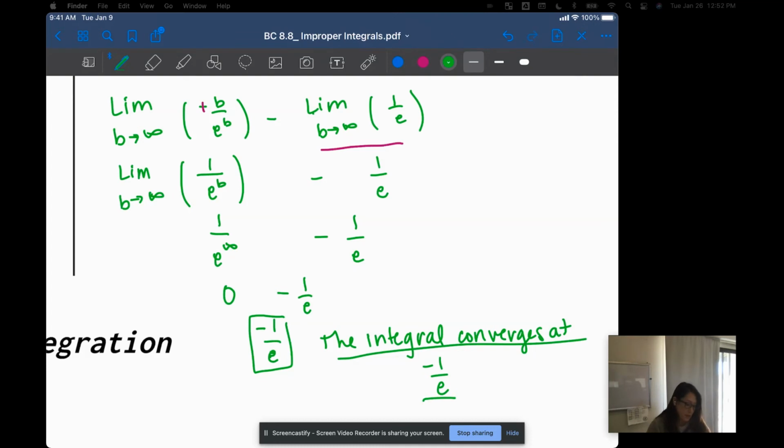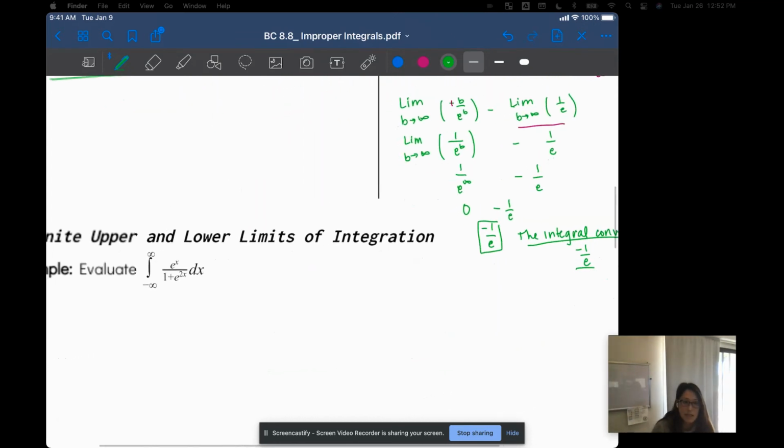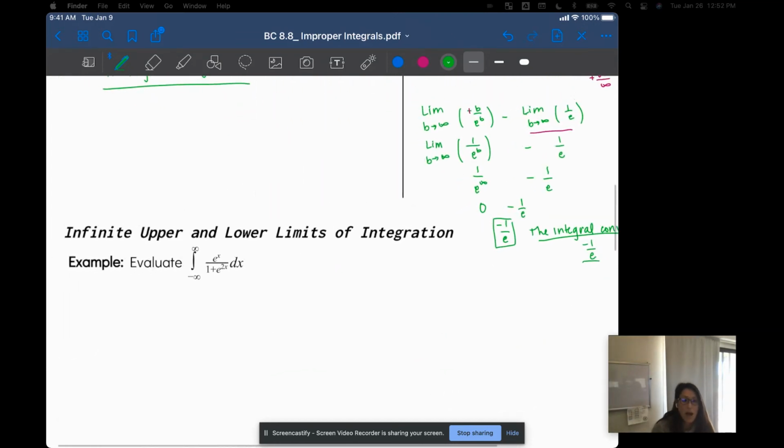Underline. Okay, last one, like this is what happens if the upper and the lower bounds are both infinity, then we have to split up our integral into two functions.